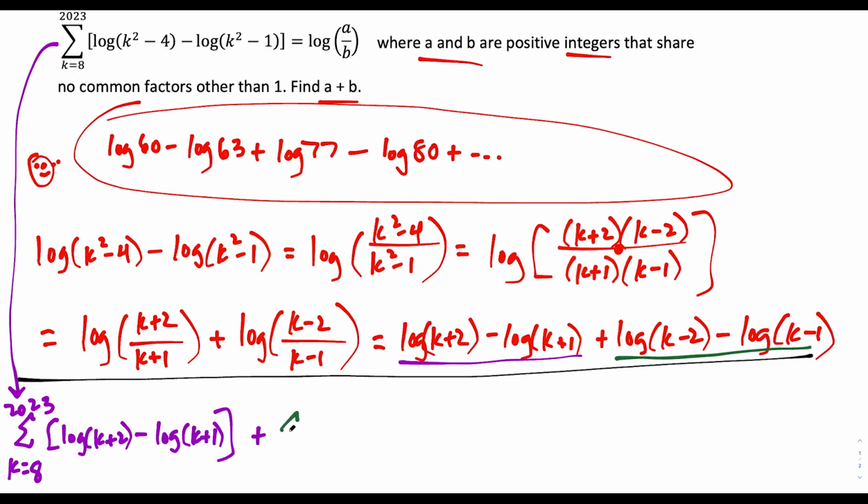So now we're going to say this series from k equals 8 to 2023 of log of k minus 2 minus log of k minus 1. Once again, we're just rewriting this original series, and now these log terms, the inside terms, k plus 2, k plus 1, are 1 away from each other, and k minus 2, k minus 1 are 1 away from each other. So hopefully this will help us find a pattern where terms will cancel out.